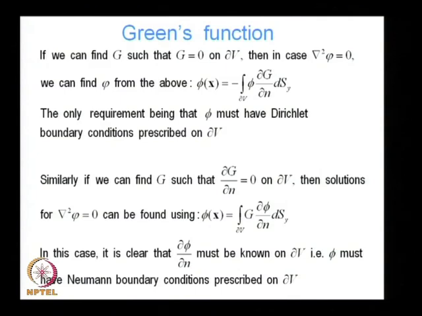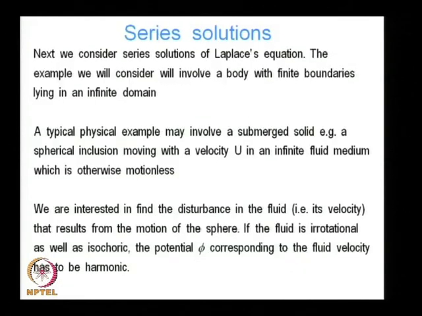If del g del n is equal to 0 on the boundary, then I must know del phi del n on the boundary. So, if I know that, I can find out my phi of x. So, this is basically the fundamentals of the Green's function approach for solving both the Dirichlet as well as the Neumann boundary condition.